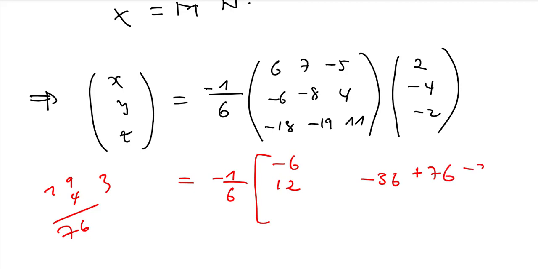Plus 11 times negative 2, that will be minus 22. Now we have minus 36 minus 22, we have minus 58, and now we have 76 minus 58. Here we have 8, and here we have 1. So the result is 18.